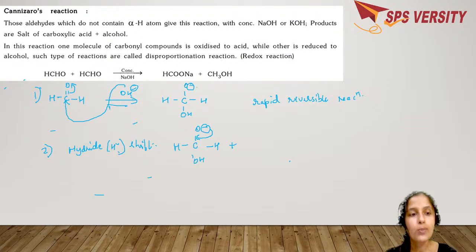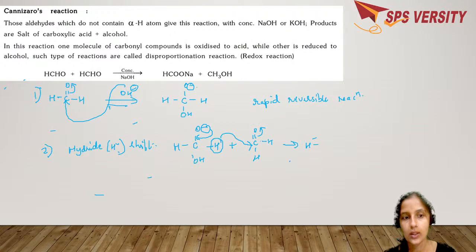This bond shifts here and this hydrogen goes to the next aldehyde, C double bond O, H and H. Since this goes and attacks here, this will move. So what do you get? It's H, then C, then you have OH, then double bonded O. This molecule is over, and the second molecule: H has been moved to this, so H, C, O minus, and then H and H.